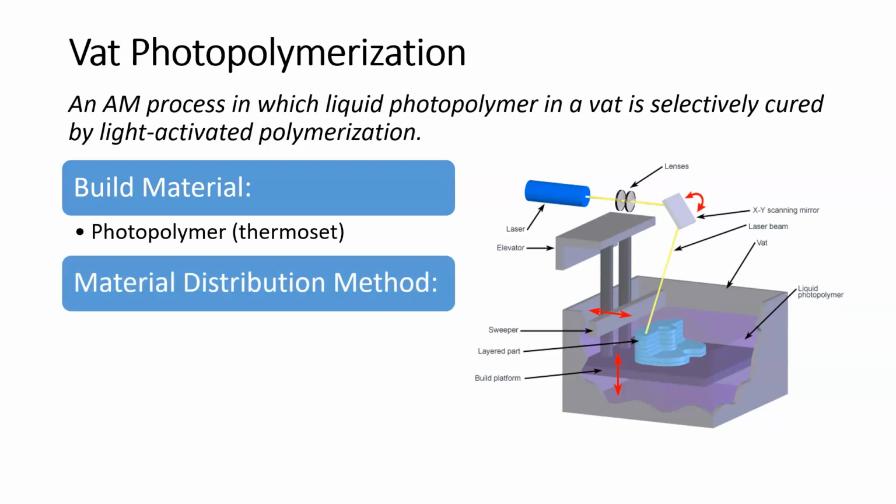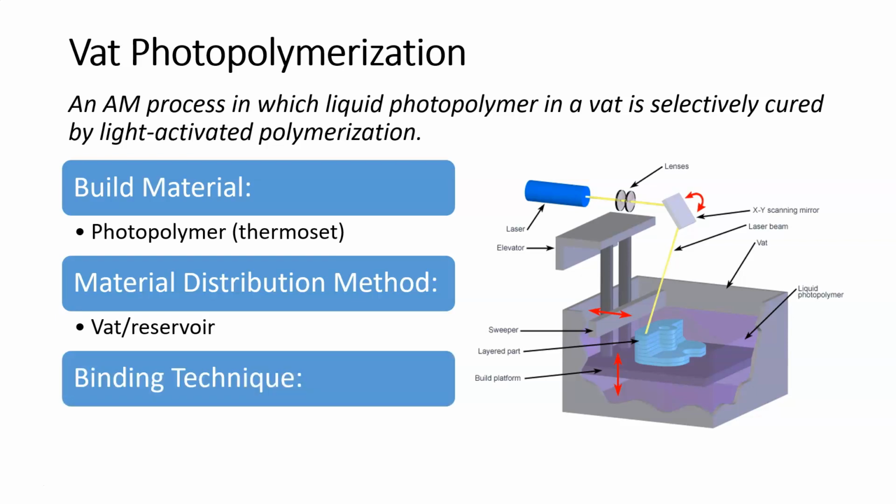The material distribution method in a vat photopolymerization process is the vat or the reservoir. So you need basically a big reservoir or container of the liquid photopolymer, and then your part is going to build from that vat.